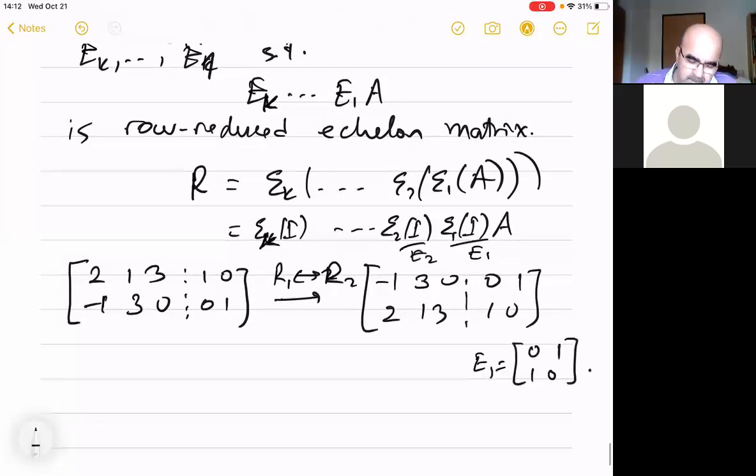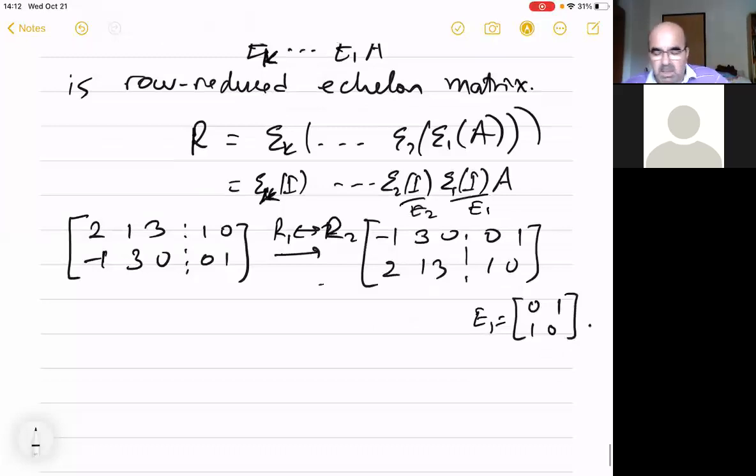Next, from here, let's multiply the first row by 2 and add it to the second row so that this entry will be 0. As I said last time, you may have different row operations. Questions?